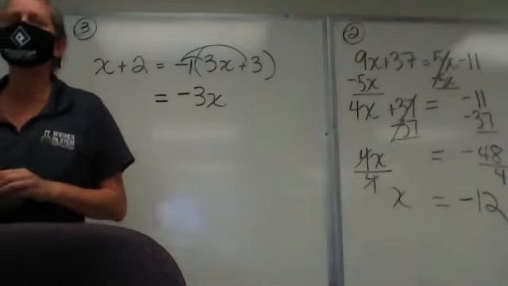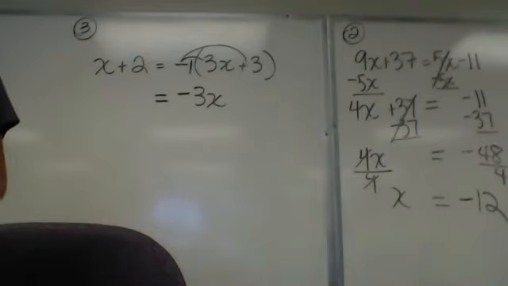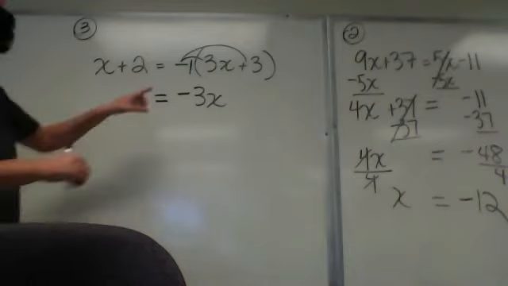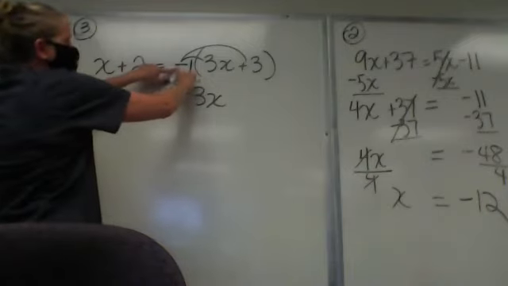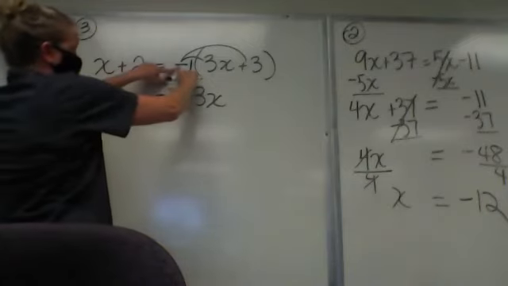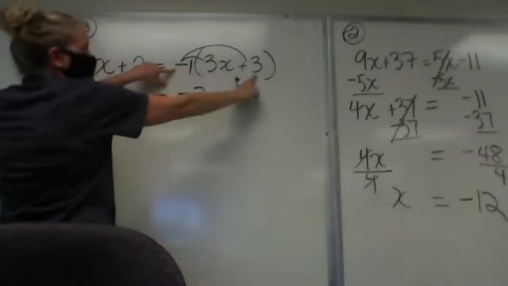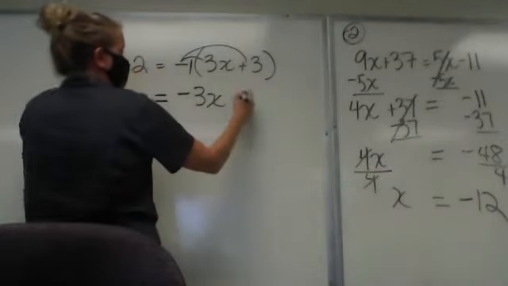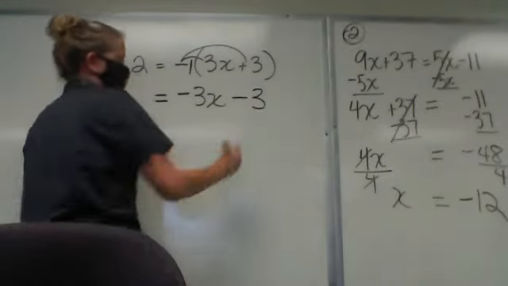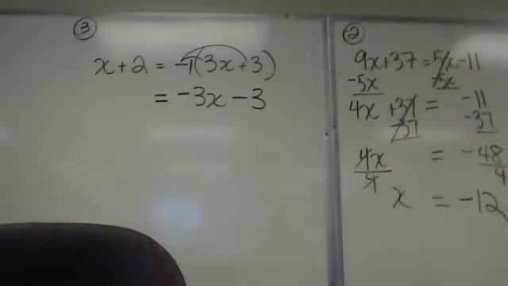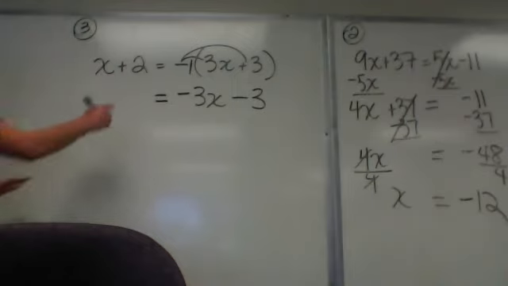Multiplying something by negative 1, doesn't matter what it is, it's going to change its sign. Now, I got to do negative 1 times positive 3. Negative 1 times positive 3 makes it negative 3. Again, multiplying something by a negative 1 just changes its sign. All right, I'm going to drop this other side down just to be even.